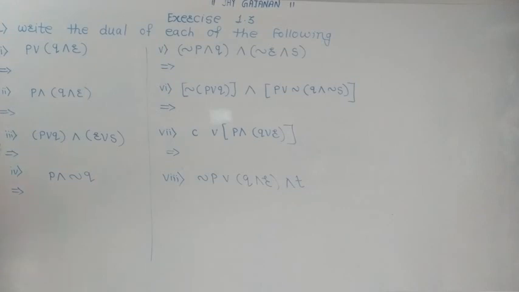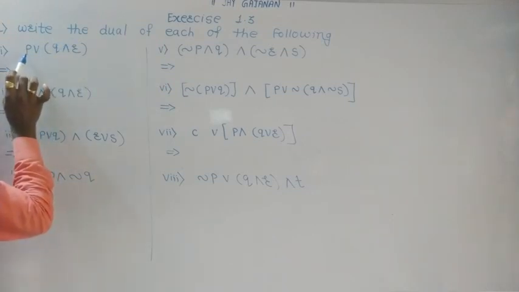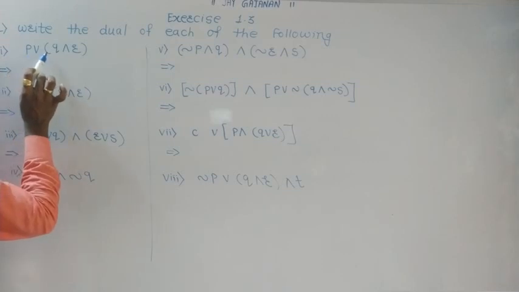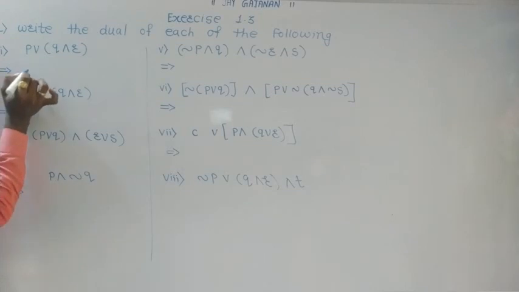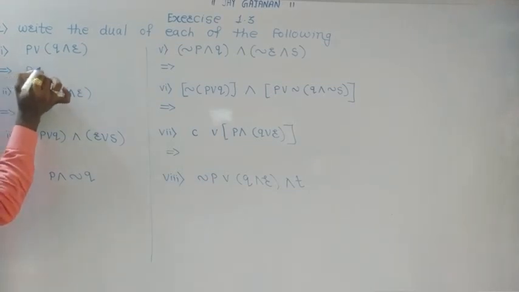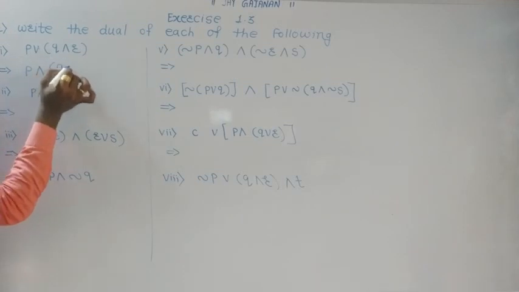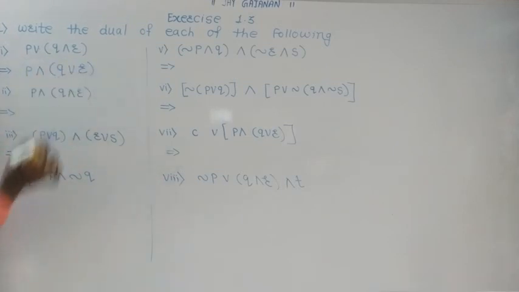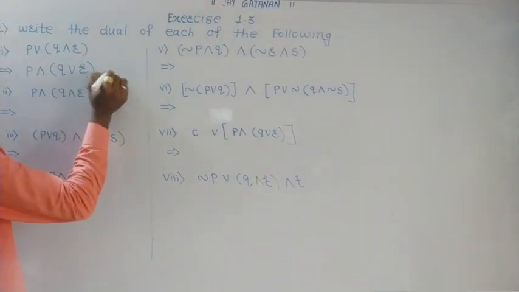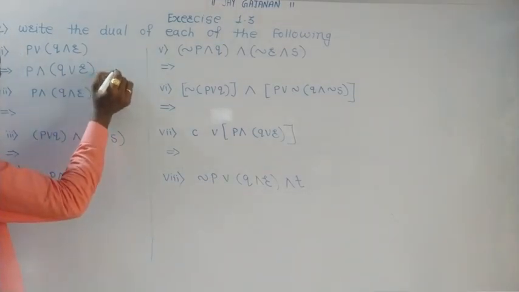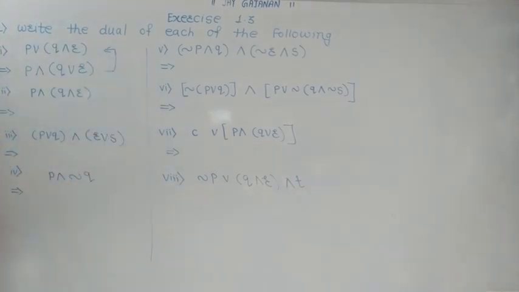We use the three conditions. Here the first example is P or Q and R. Now the dual of this statement will be P and Q or R, with 'or' replaced by 'and' and 'and' replaced by 'or'. If we take the dual of this compound statement, then we will get the original statement again.